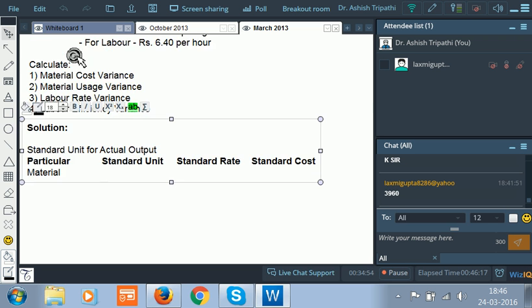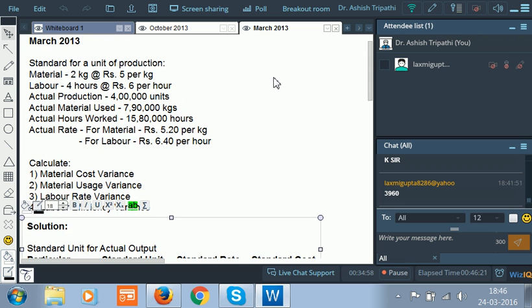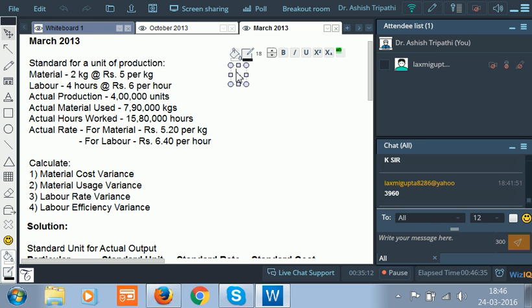For 1 unit it is 2 kg. You can see, for 1 unit it is 2 kg. So for 4 lakh unit it will be how much? So let us try to calculate.